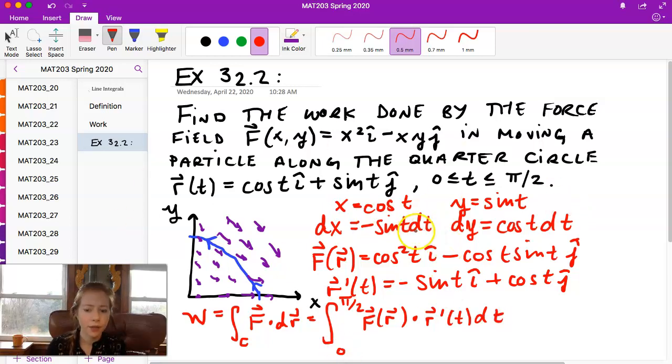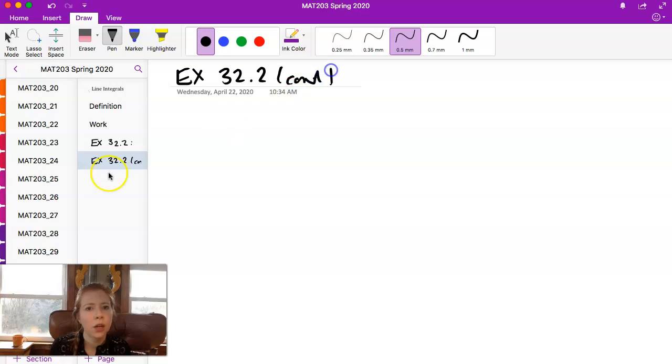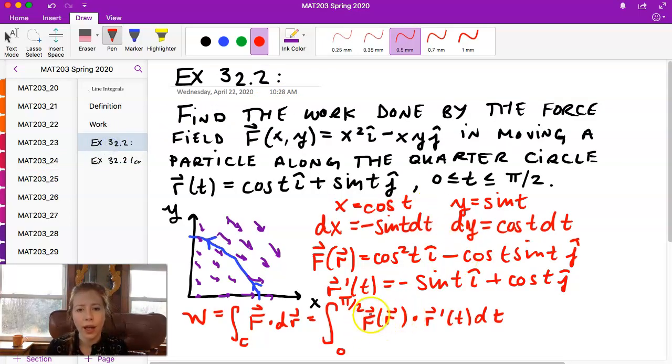Okay, so I'm going to have to get a new slide going. Now writing this in, we're still integrating from 0 to pi over 2. We have to dot f with our first derivative.